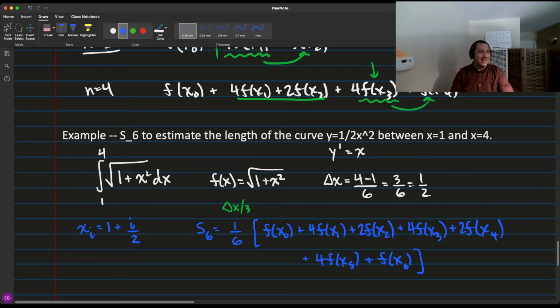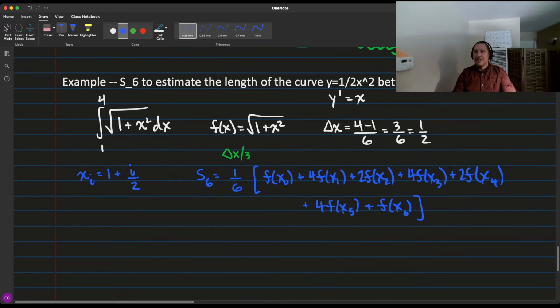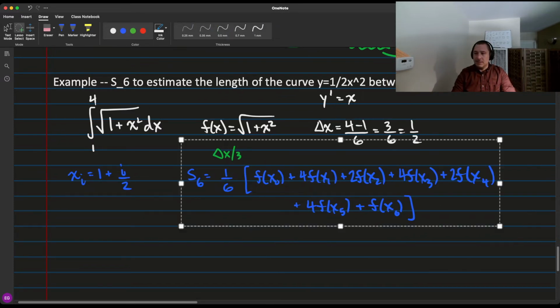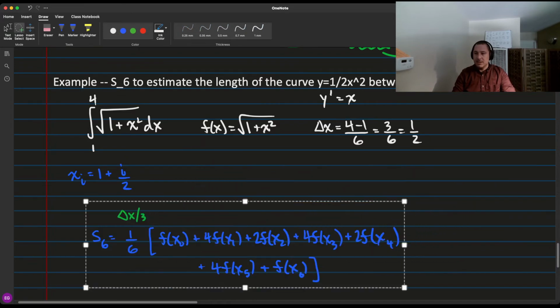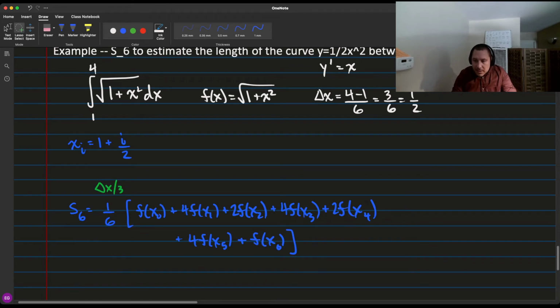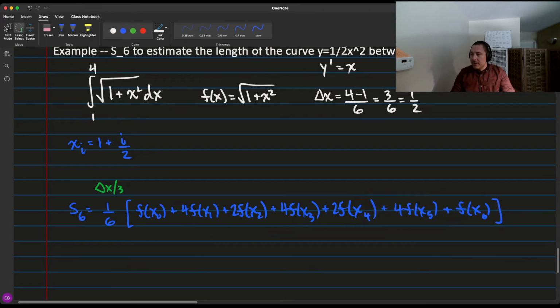Okay, let me put that on one line so that it looks nicer. So I'm going to lasso it, and put that down here. Then let's move this part up here so it's all in one line. I ran out of space. There we go. Now it's all in one line, which is easier to see.